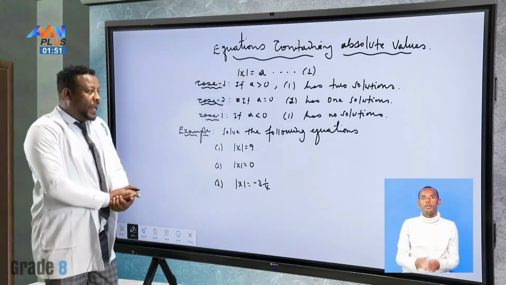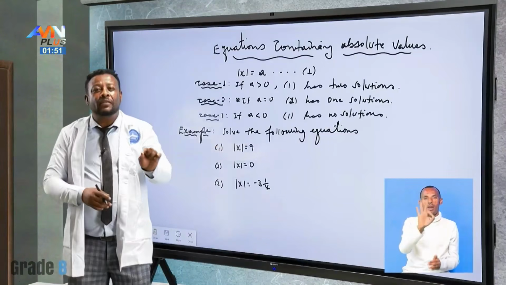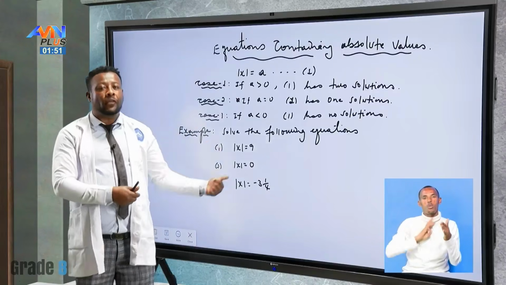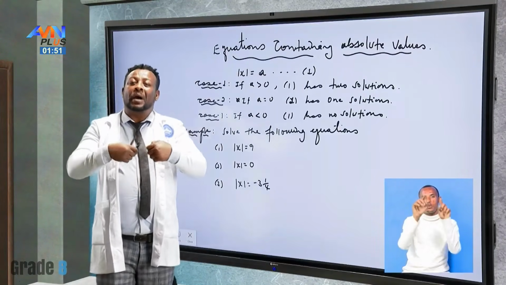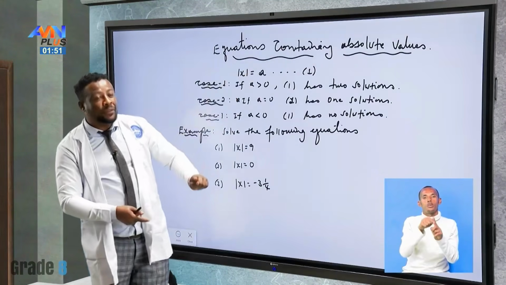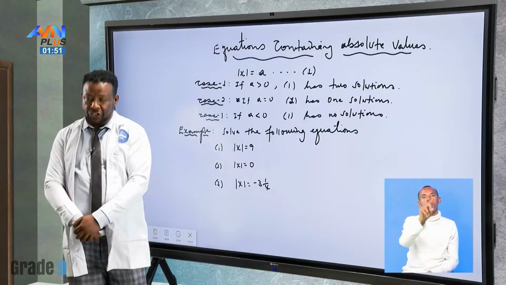Now, the absolute value of x equals 9 whenever x becomes something. Okay, remember what we have said before. The absolute value of 9 is 9. The absolute value of minus 9 is also 9. Since a is positive, we expect two solutions for the first question.